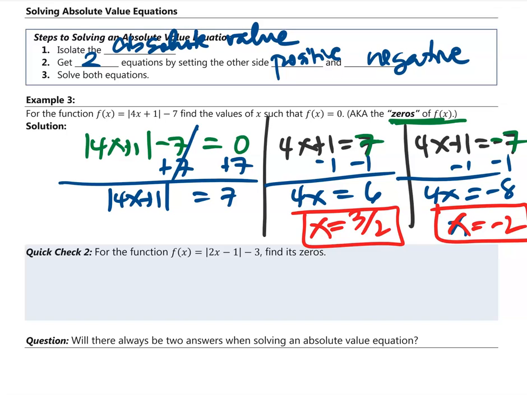Okay, let's try quick check number 2. For the function f of x equal to the absolute value of 2x minus 1, minus 3, find its zeros. So the absolute value of 2x minus 1, minus 3, is equal to 0. Then get two equations by setting the other side positive and the other side negative. Oops, sorry.